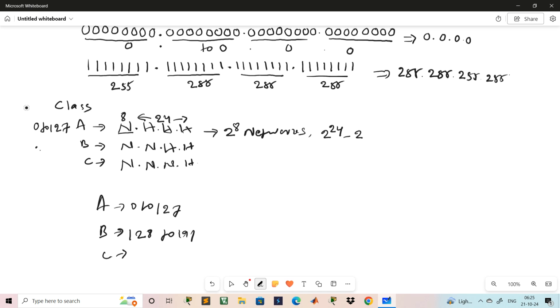Class C will be 192 to 223. By looking at the value of the first octet, you can decide which class an IP address belongs to.